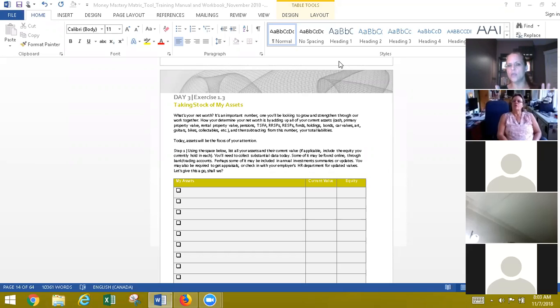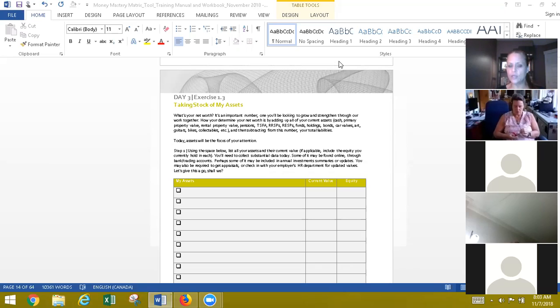So we're going to put that on the back burner for the next 2 days, because the work that we're going to do today and tomorrow is going to help us better understand what we need to be putting aside from an investment perspective and what we need to be putting aside so that we can get our debt repaid. So that's what we're going to take a look at over the course of the next 2 days.